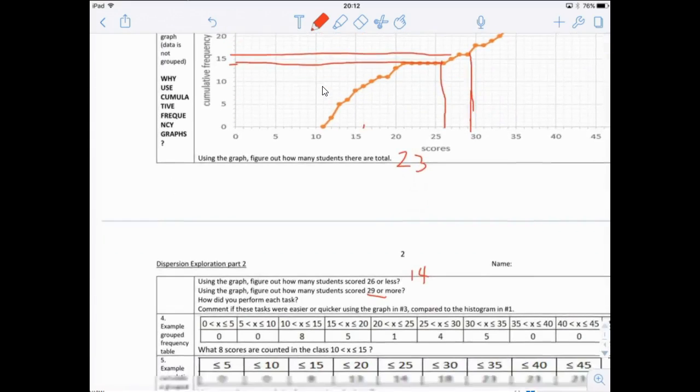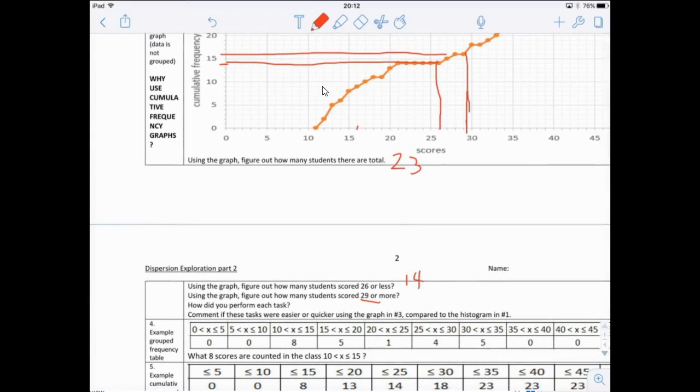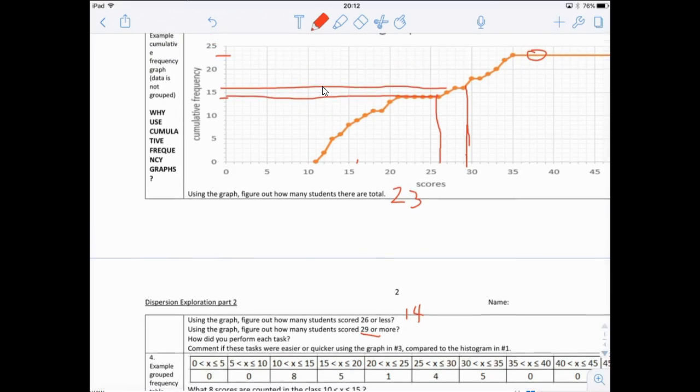Actually, we can't just write 16, because what we want is how many people scored 29 or more. That would be the 16th person all the way to the 23rd person. So actually it's going to be 23 minus 16, which is about 7.